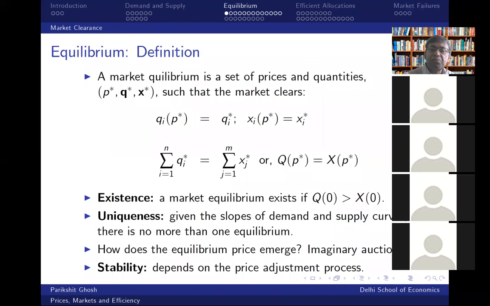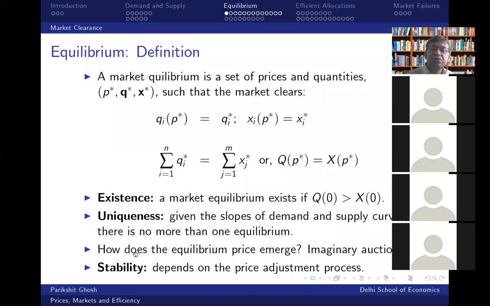Because if that's our predictive notion and our model doesn't have a market equilibrium, then we are rudderless. We are not able to predict anything about the market based on our theory. There are questions of uniqueness. Can the demand and supply curves intersect multiple times? Can we make some assumptions to make sure that doesn't happen?